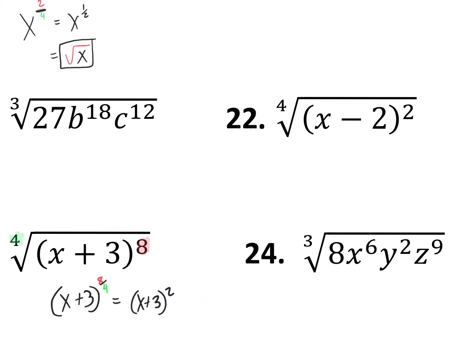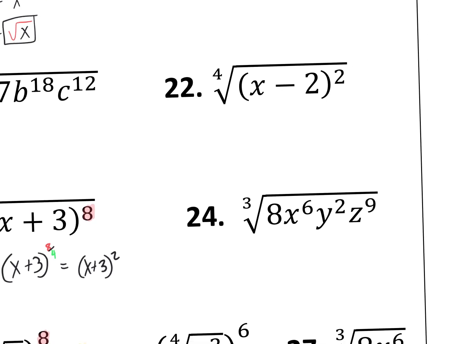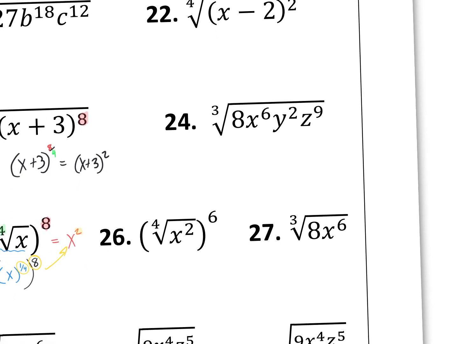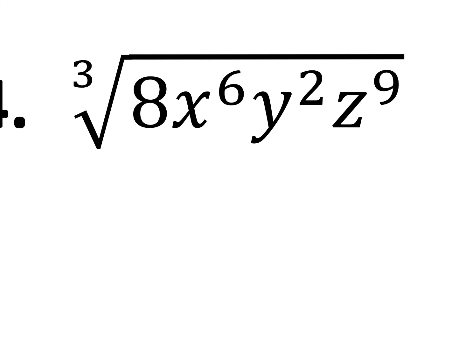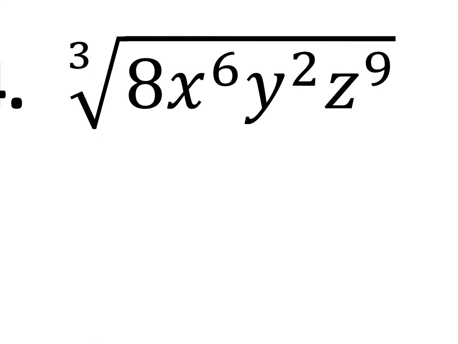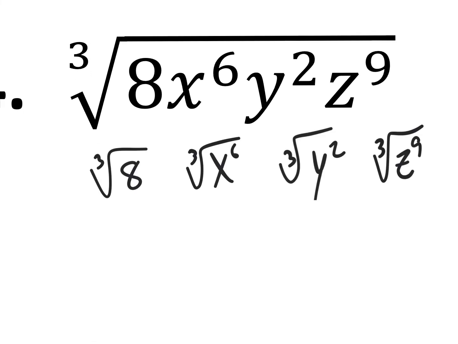How about that one? What should we do first? Split them up individually. That's great. And now we could go through each of these and just simplify them, right? What is the cube root of 8? 2.